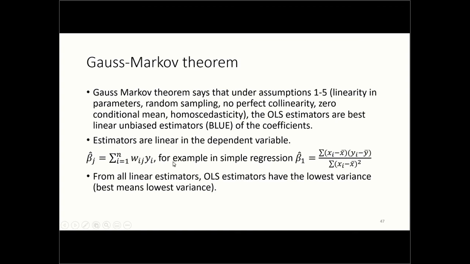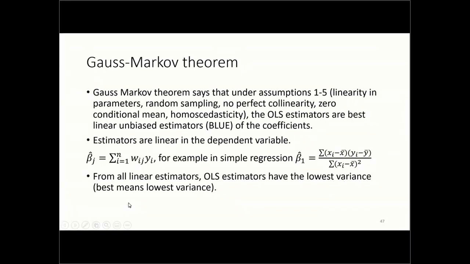Notice that this is not the linearity in parameters that we talked about before as an assumption. When we say that the OLS estimators are BLUE, the best linear unbiased estimators, what we mean by linear is that these estimators are linear in the dependent variable. And from all these linear estimators, the OLS estimators have the lowest variance amongst them.